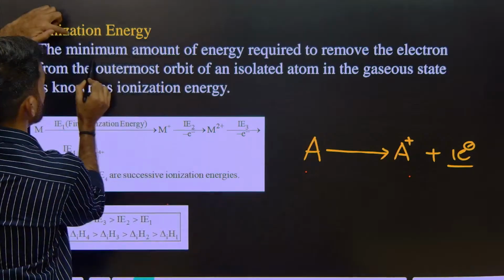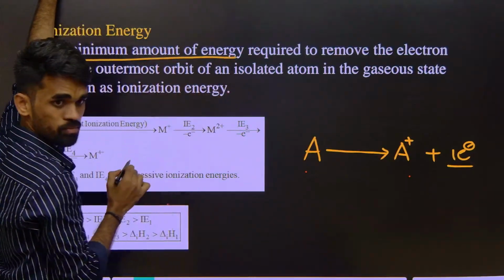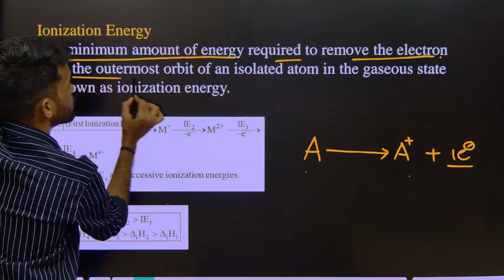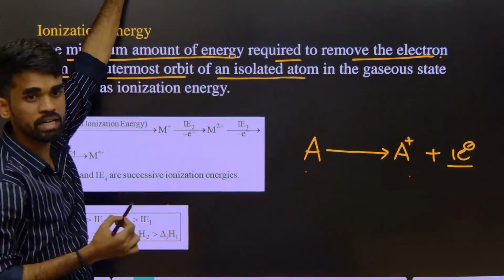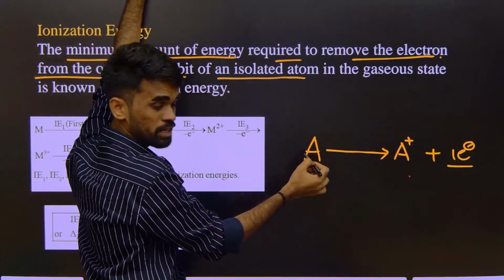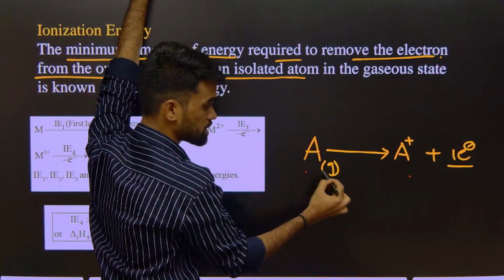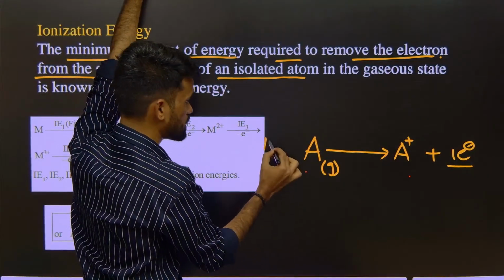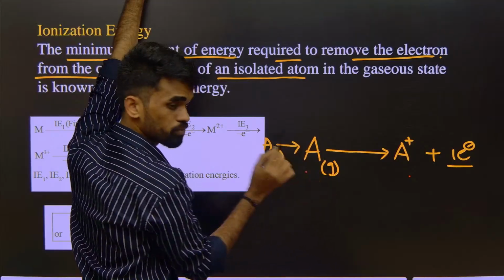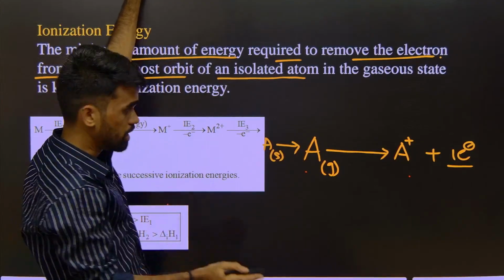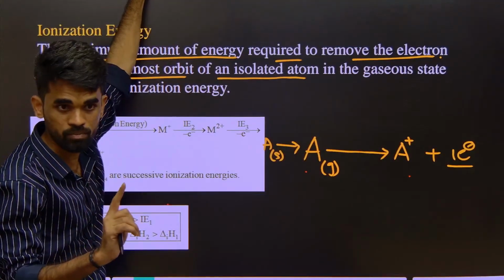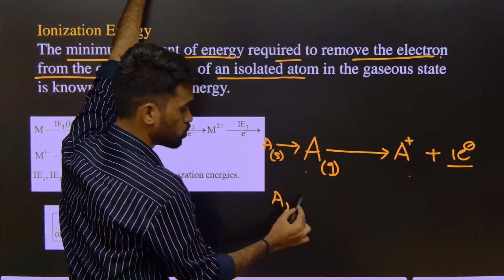Okay, so now there is a proper definition for this. The minimum amount of energy that is required to remove an electron from the outermost orbit of an isolated gaseous atom. It means whatever atom you are taking, that should be in the gaseous state. If it is in a solid state, for example a metal, you need to convert it into gaseous state, and that should not be in combined form, it should be isolated, like it should not be A2.